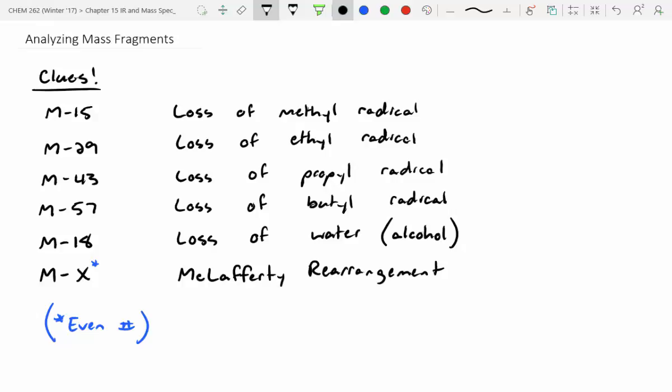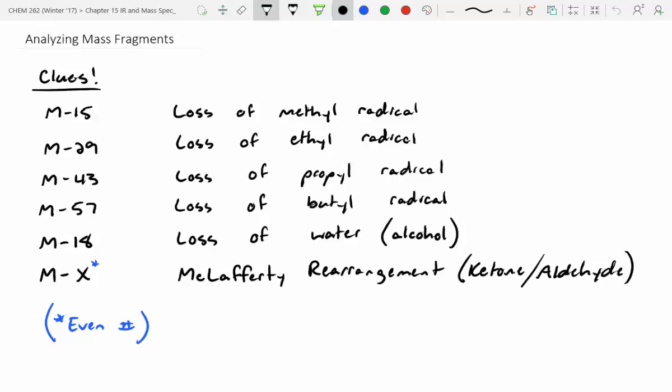And a McLafferty rearrangement is a big clue that you've got a ketone or an aldehyde. So these mass fragments can be really useful tools for identifying what's breaking apart and how it's breaking.